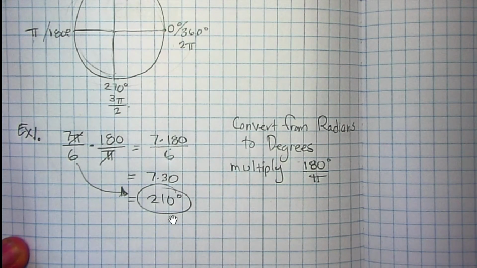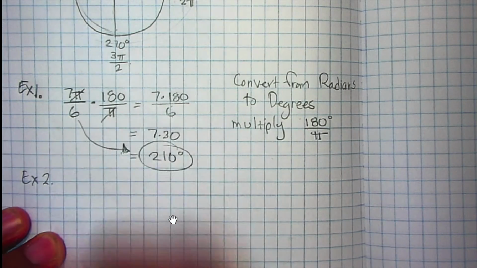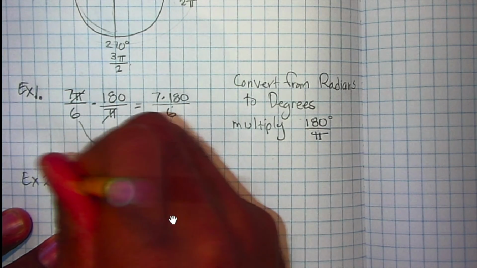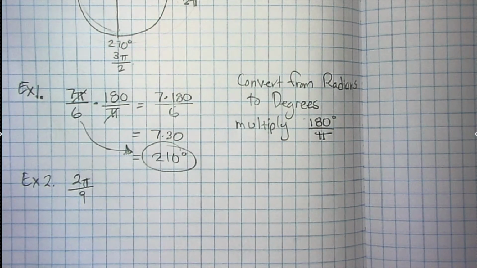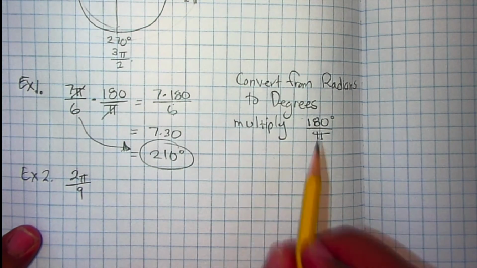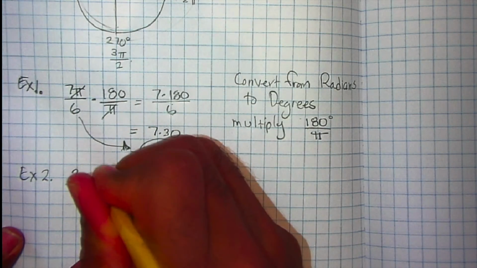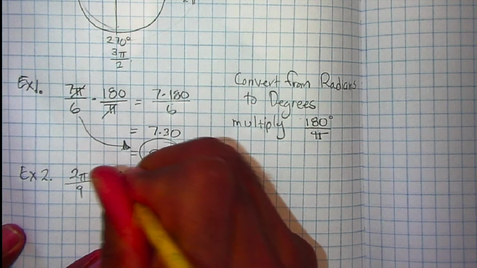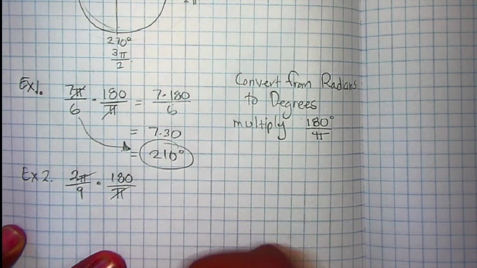Okay? Here's another example. We're going to go from 2 pi over 9. We're going to do the same thing and multiply by 180 over pi. Again, just cancel the pi's.